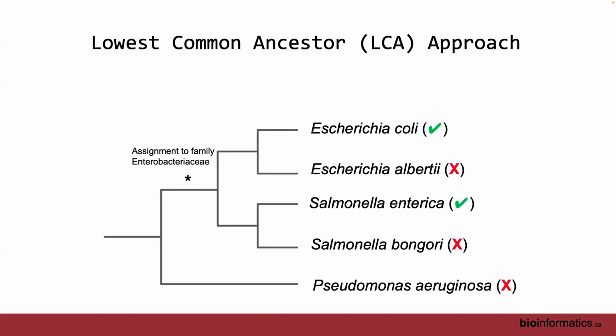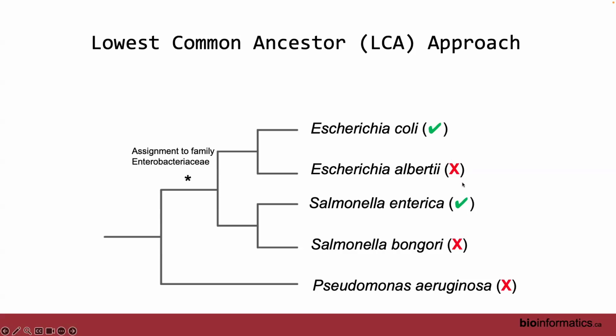So you can imagine if the marker that we're looking at is shared across different species, or in this particular case, a check mark means a different genus, the question is, at what level should we assign that read for taxonomy based on this information?